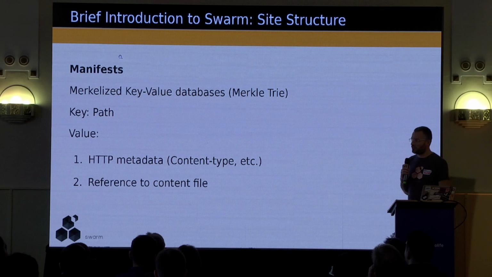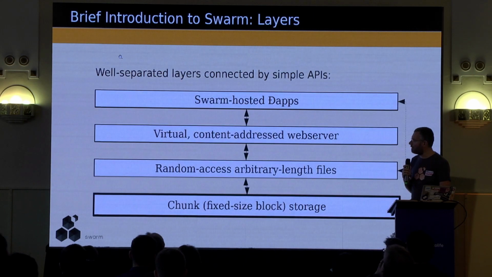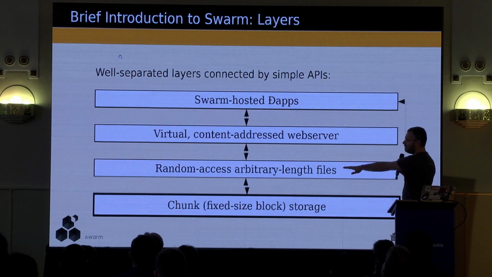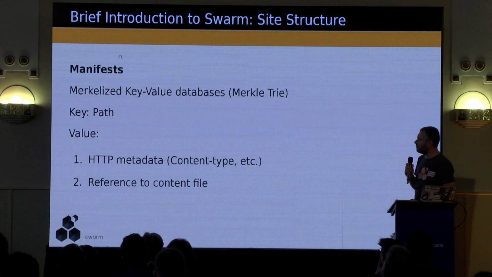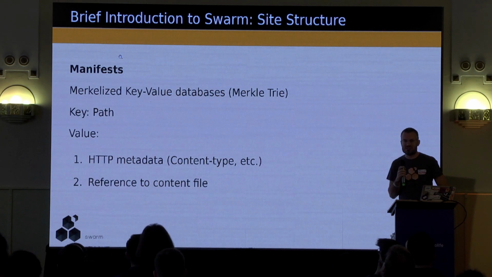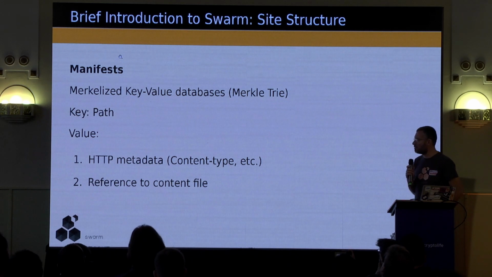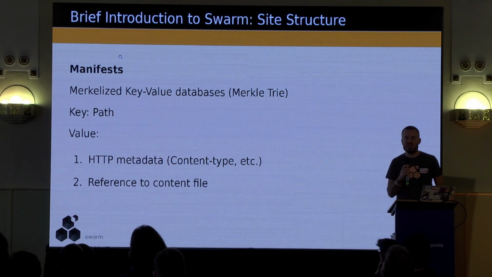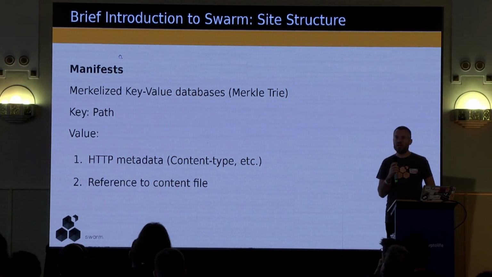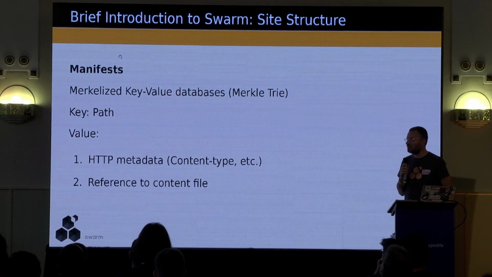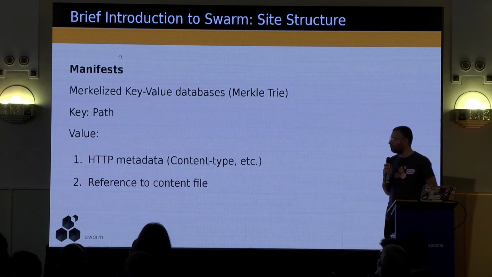And so this is, just let me go back. So this is this layer. And on this layer, we implement a thing called the manifests, which are simple Merkleized key-value databases where the key is the path, so that's the URI of the content, and the value is metadata.